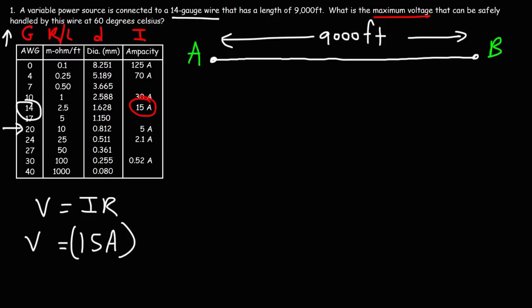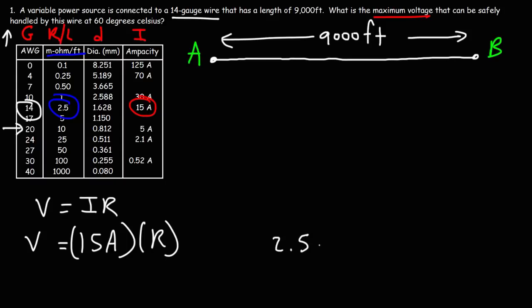Now the only thing that we're missing in order to calculate the voltage is the resistance of the wire. How can we determine that? Well, for a 14 gauge wire, we can determine the resistance per unit length, which is in milliohms per foot. And that's going to be 2.5. But let's convert that to ohms.